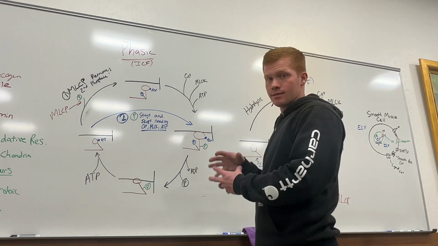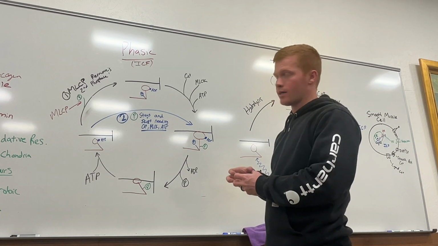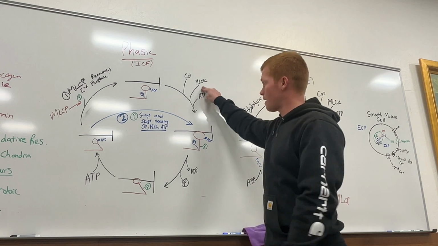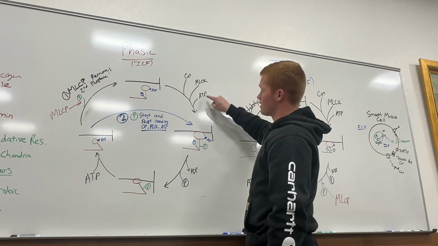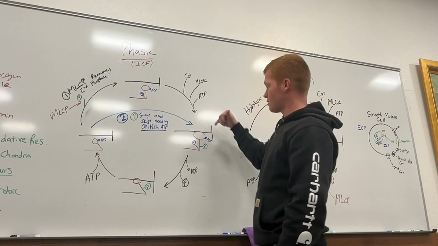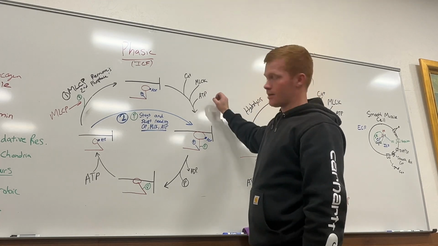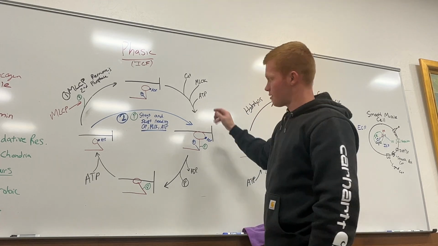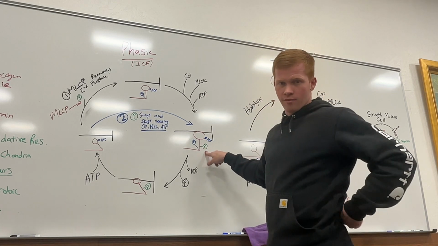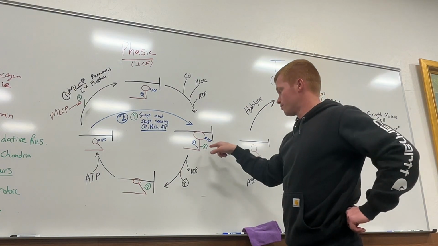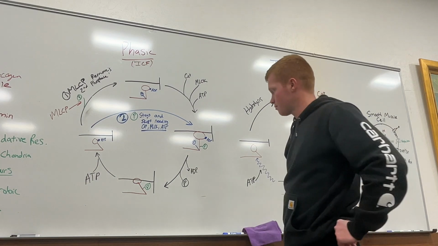When calcium binds to it, it activates the MLCK. And the MLCK is important because it's a kinase, and when ATP comes in, the MLCK snips off one of the phosphates from the ATP and sticks another phosphate onto the myosin.